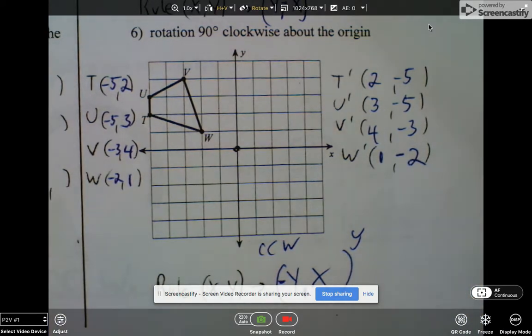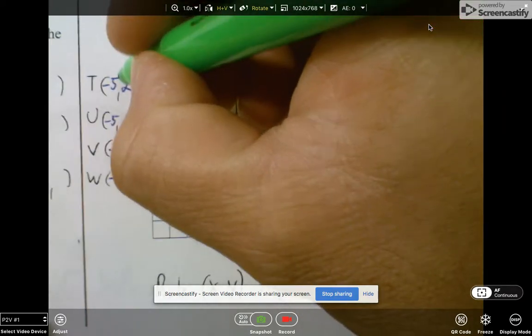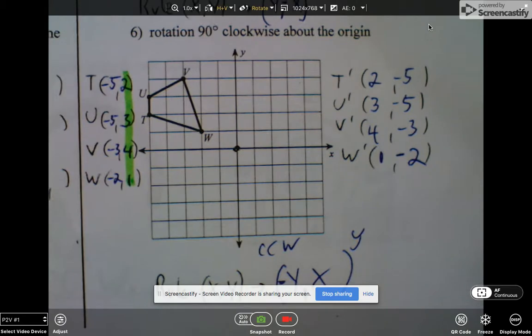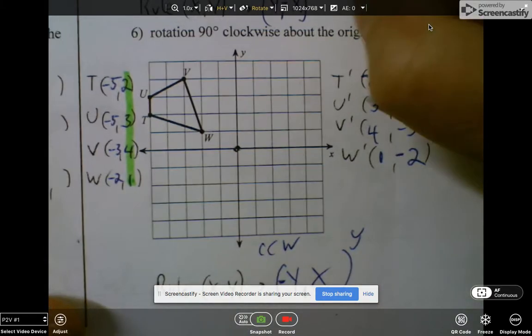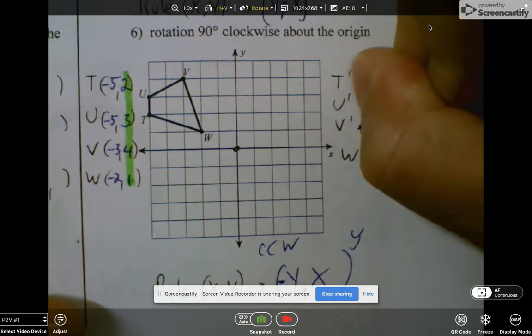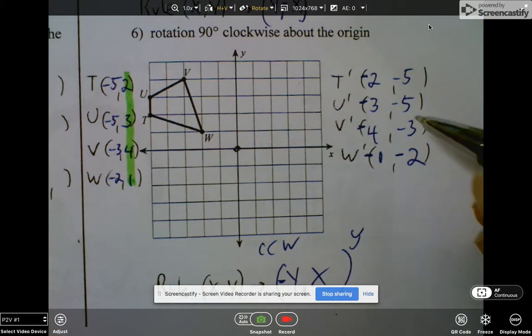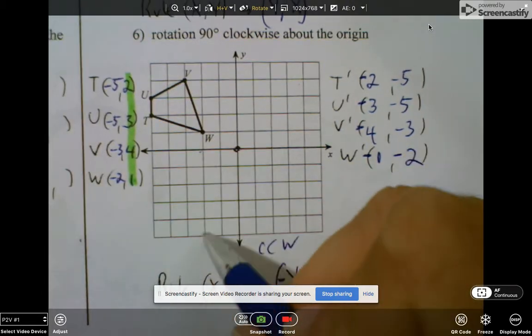All right, so now I'm going to take all my y's. My y's are right here. I'm going to make them opposite. So now they're in this position. This one works out nice because they're all positive, so now they're just going to be negative. Nothing too crazy. And we're going to just move it accordingly. So T prime, -2, -5.